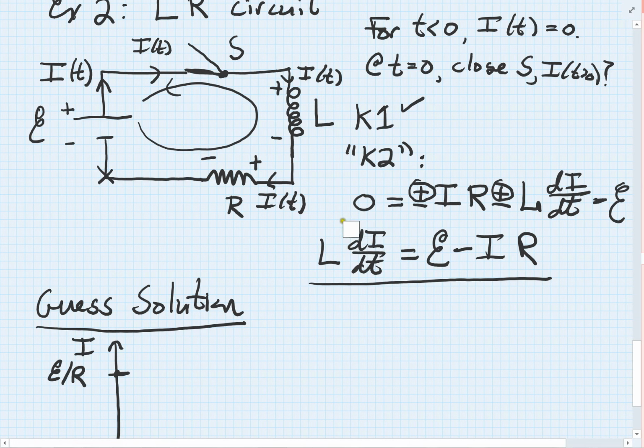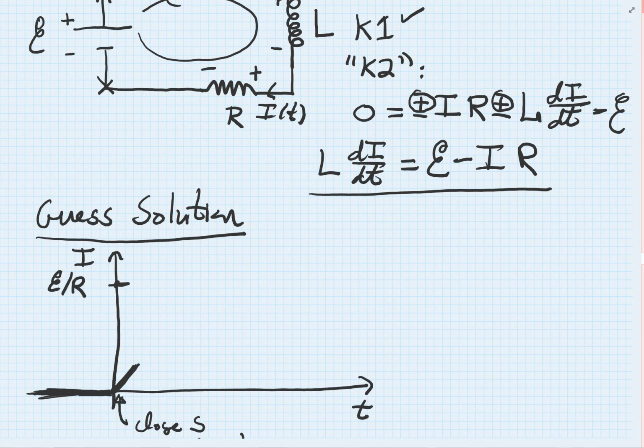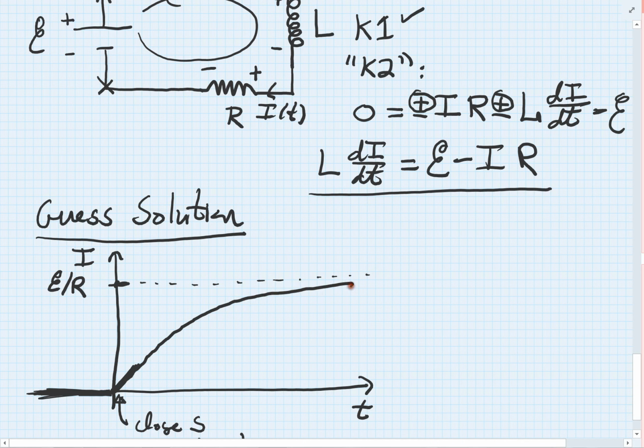If this side is 0 when I reach a steady state, then I have 0 equals E minus IR. That equation I can solve. Putting IR on this side, IR equals E, where I equals E over R. So I get this value that we might have been guessing at, but I don't obtain this value for the current initially. I have to wait a long time until my circuit has finally settled down. So there's probably some kind of very familiar looking exponential behavior as I approach this final value.